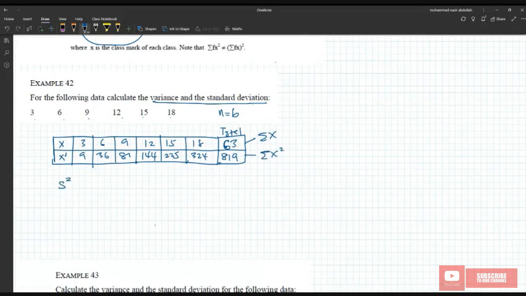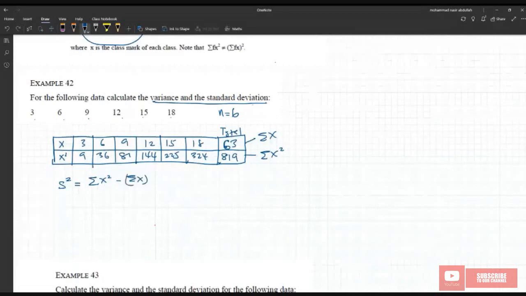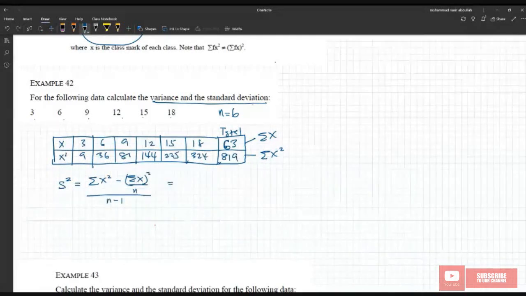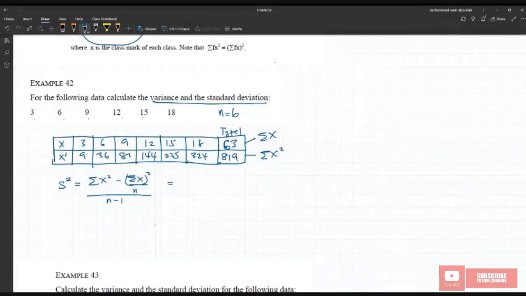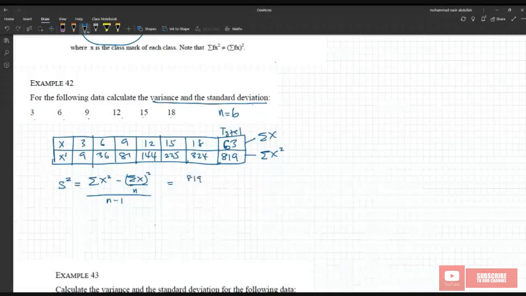By looking at the formula for sample variance, the summation of x squared minus (summation of x) squared divided by n, and everything divided by n minus 1, you input the values into the formula.